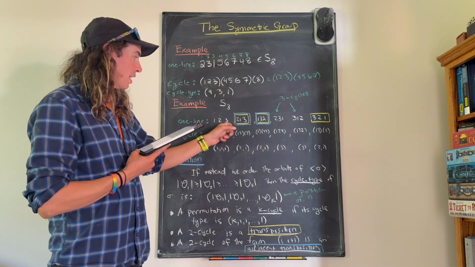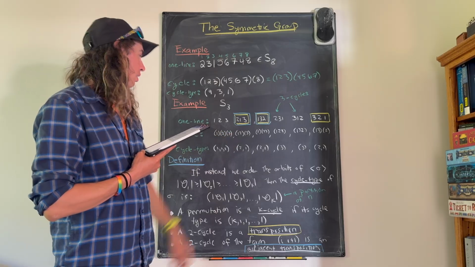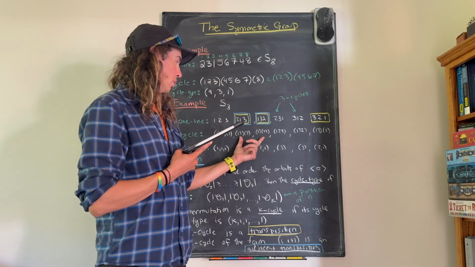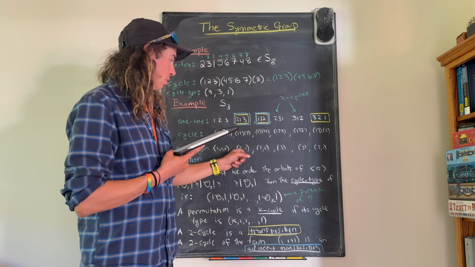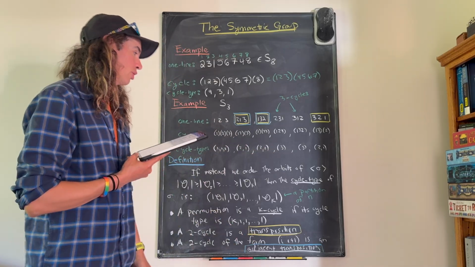And then you can see in S3, for example, the identity element has cycle type 1, 1, 1, because there's a 1-cycle, 1-cycle, 1-cycle. These two are transpositions because they have cycle type 2, 1, so they're 2-cycles, and that means, by definition, a transposition.